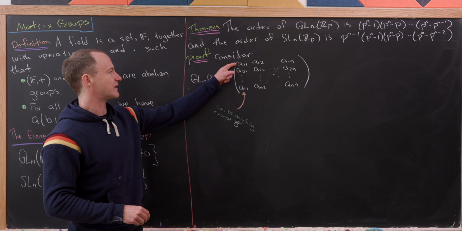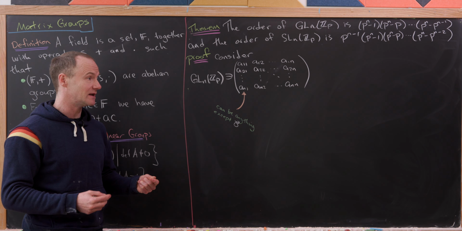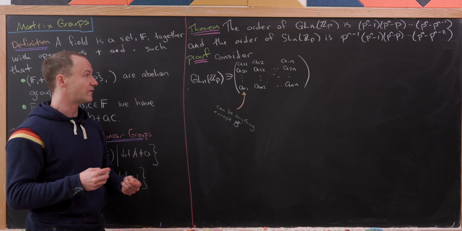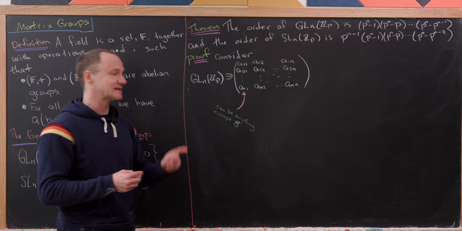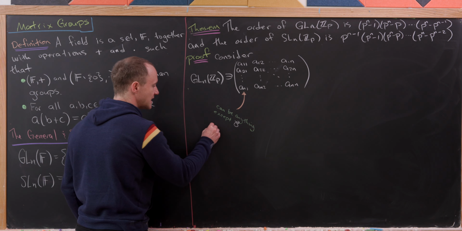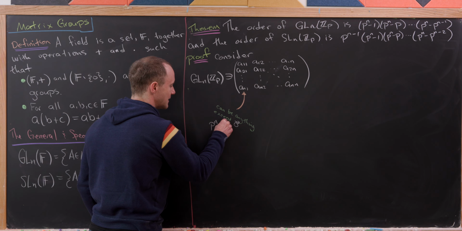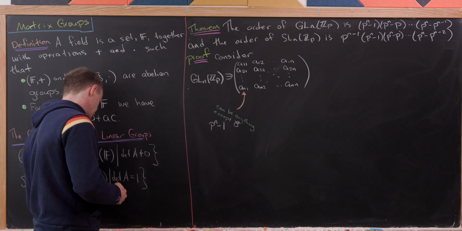So in the end, we've got p times p all the way up n times, so p^n possibilities for our entries, except we can't have the 0 vector, so that takes away one possibility. So in the end, we have p^n - 1 choices for this first column.